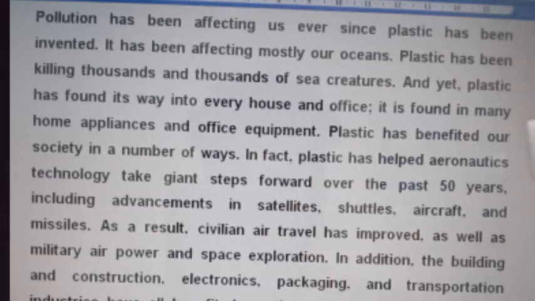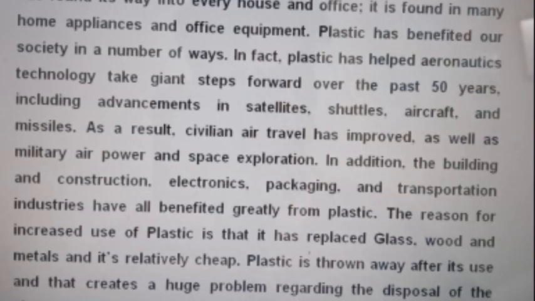Plastic has benefited our society in a number of ways. In fact, plastic has helped aeronautics technology take giant steps forward over the past 50 years, including achievements in satellites, shuttles, aircrafts, and missiles. As a result, civil and air travel has improved, as well as military, air power, and space exploration.